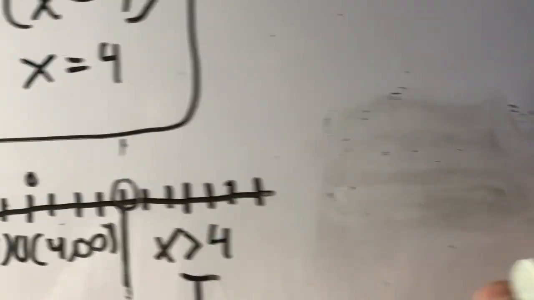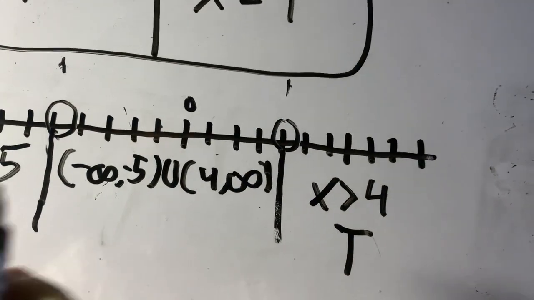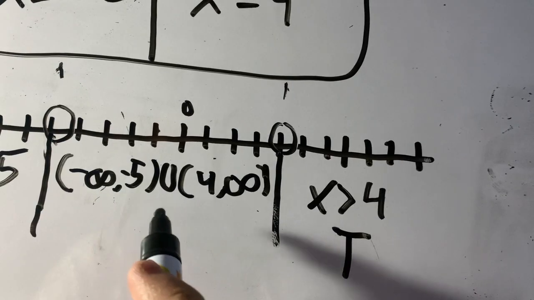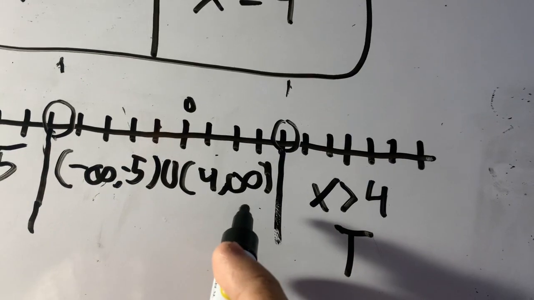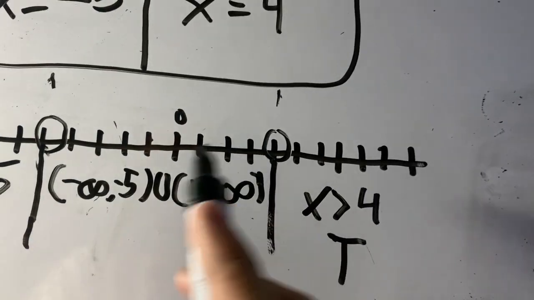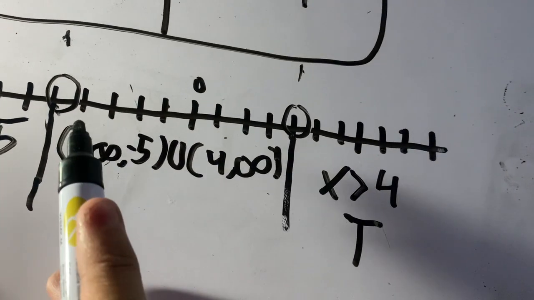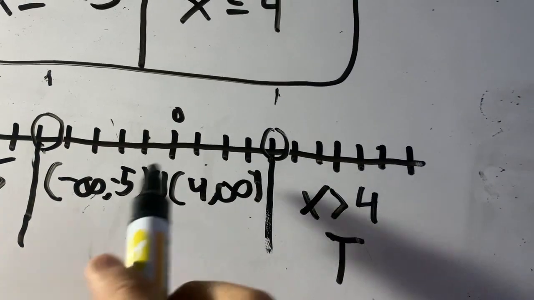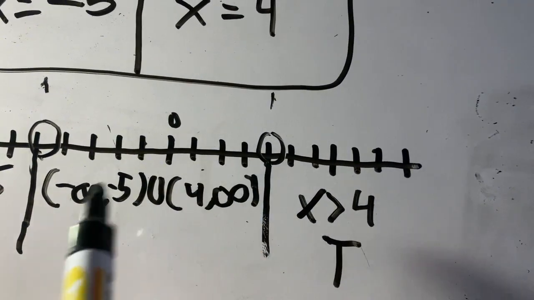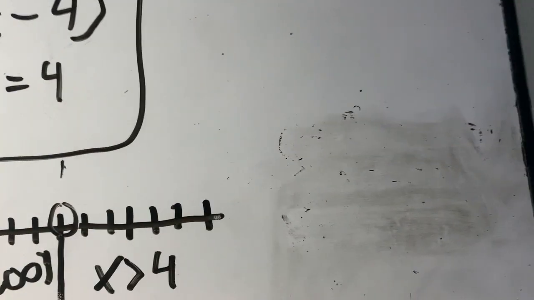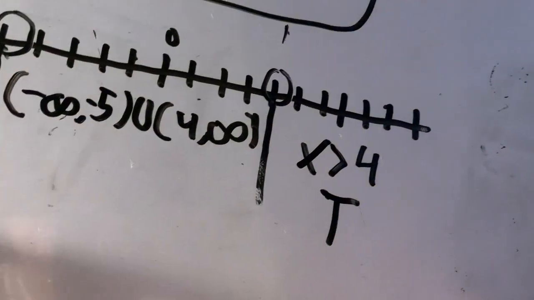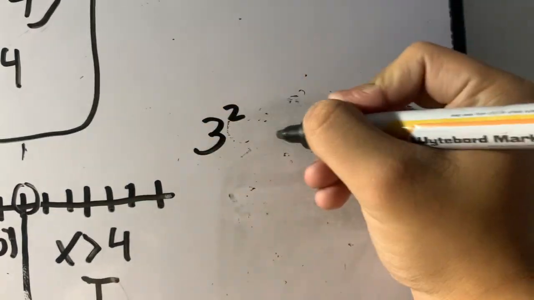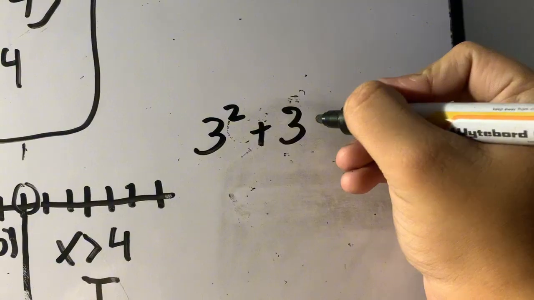Now last we have this. Negative infinity and negative 5 is union to 4 and infinity. So we can choose any number from negative 4 to 3. So let's just pick 3. Yeah, let's go easy. So we have 3 squared plus 3 minus 20.